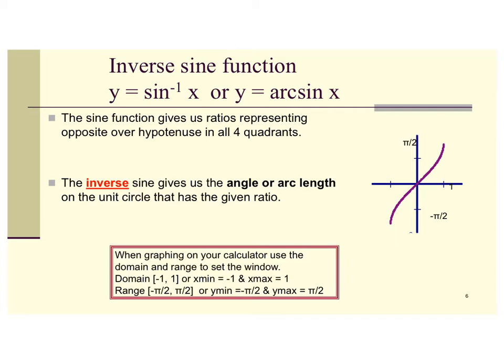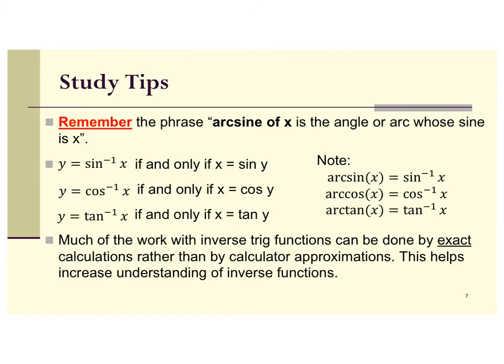When graphing on your calculator, use the domain and range to set the window. Domain is negative 1 to 1, so your x-min is negative 1 and your x-max is 1. And your range is negative pi over 2 to a y-max of pi over 2.